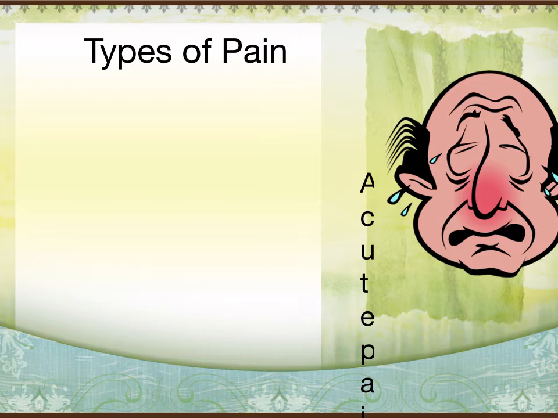So burns, when somebody gets burned in a fire, bruises, or an inflammation like in arthritis, or any kind of pain going on in your body tissues. That is nociceptive pain.